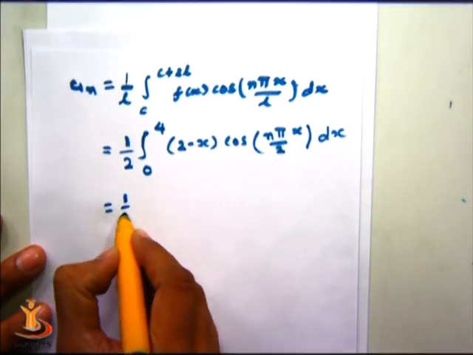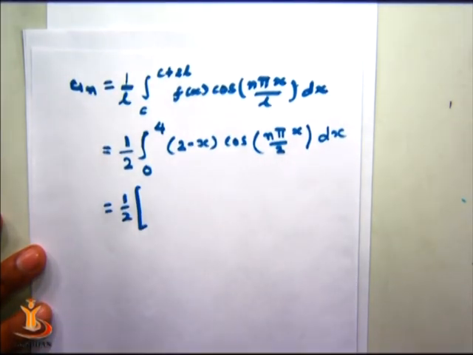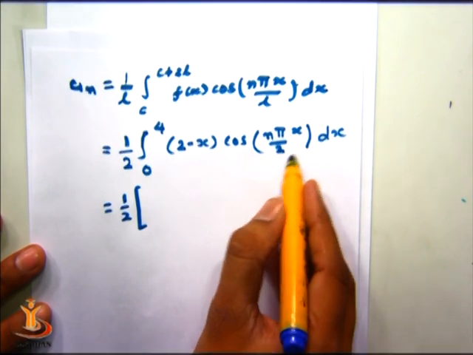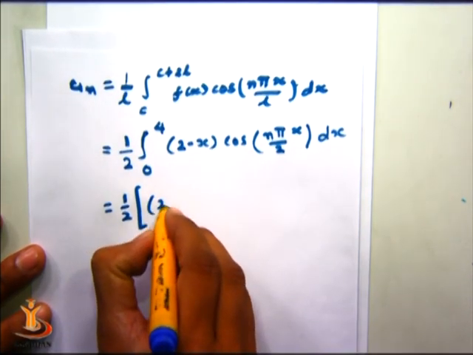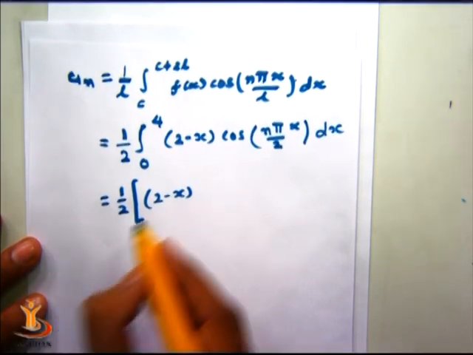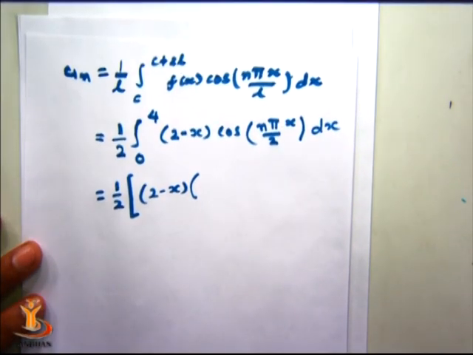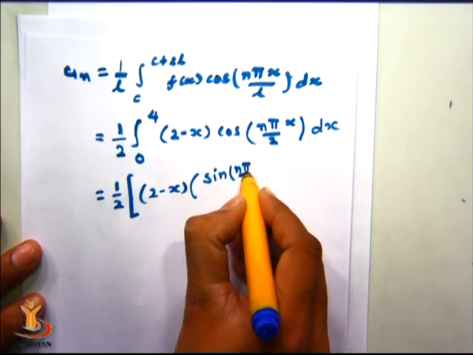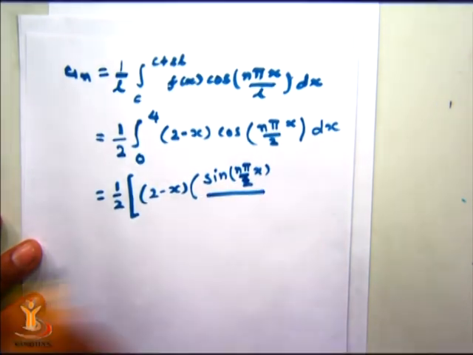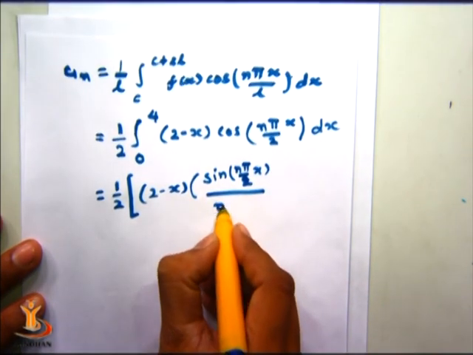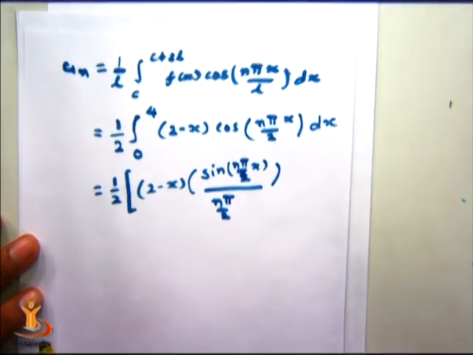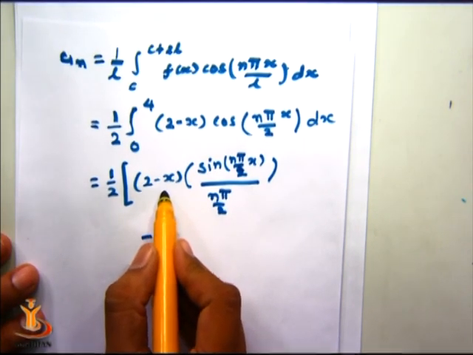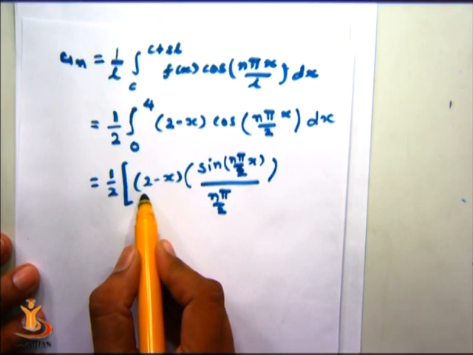So let's apply the uv rule for integration of these two functions. u is 2 minus x and v is cos n pi by 2 into x. So u as it is, 2 minus x, into the integration of the cos function, that is sine n pi by 2 into x divided by the coefficient of x, that is n pi by 2, minus u dash, the derivative of 2 minus x. We know that the derivative of a constant term is 0.